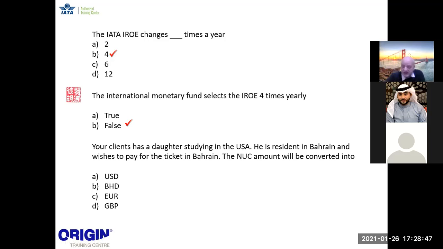When we convert NUC amounts into the local currency fare, the local currency fare, LCF, is always the country of commencement. So if this young lady is studying in the USA, what is the country of commencement?